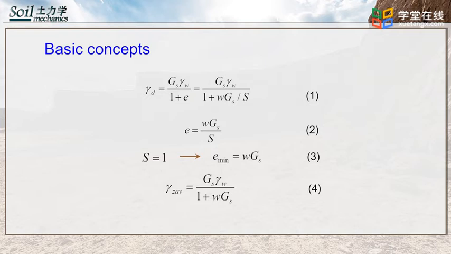That is, when the degree of saturation equals 100%. Hence, the maximum dry unit weight at a given water content with zero air voids can be obtained by substituting S equals 1 into equation 1. So we can have the zero air void unit weight as expressed in equation 4.